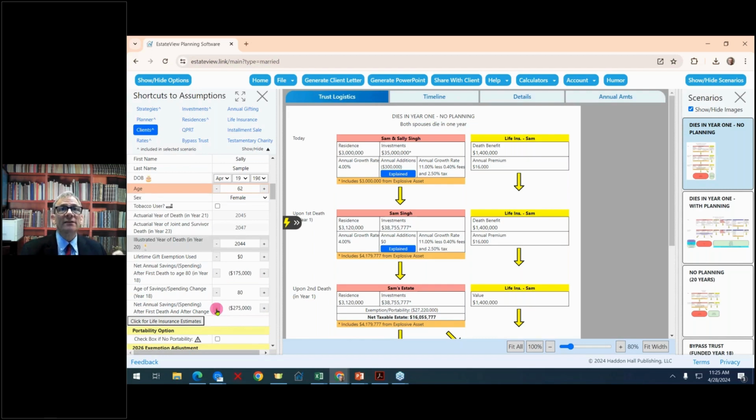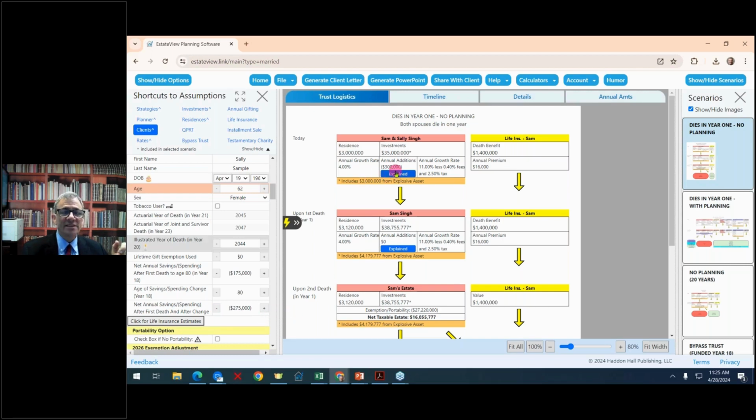It's what the person or persons spend in excess of what comes in. If they only have Social Security coming in of $20,000 a year and they spend $120,000 a year, then they have a net outgo of $100,000 while their investment portfolio continues to grow.